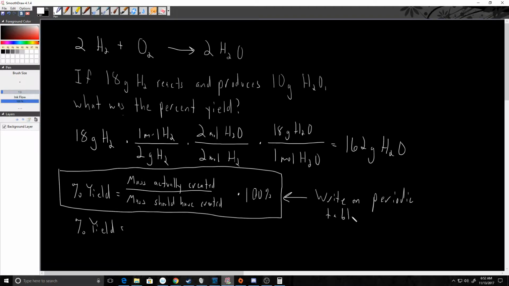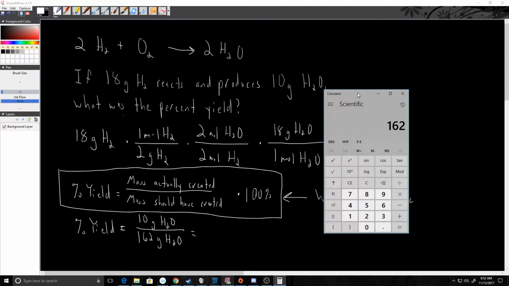All right, so for this reaction, the mass that we actually created is what's given to us in the problem, so that was 10 grams. We're going to divide that by the mass we should have created. That number comes from the stoichiometry. We found that to be 162 grams. Okay, so calculator back out.